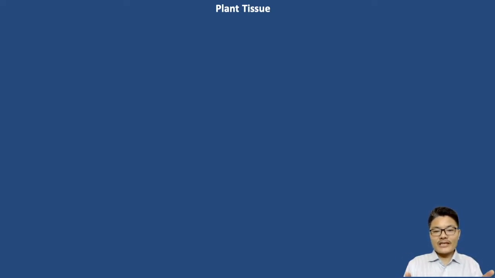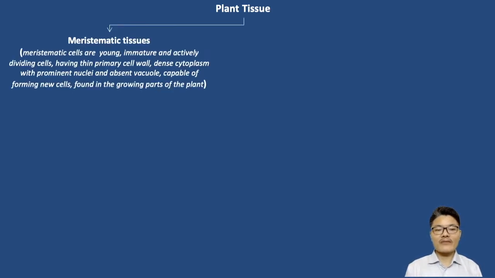Now let's look at an overview of different types of plant tissue. We mainly have two major plant tissues. The first one is meristematic tissues. Meristematic tissues are very young, primary, just developed at the time when the seeds are germinating.